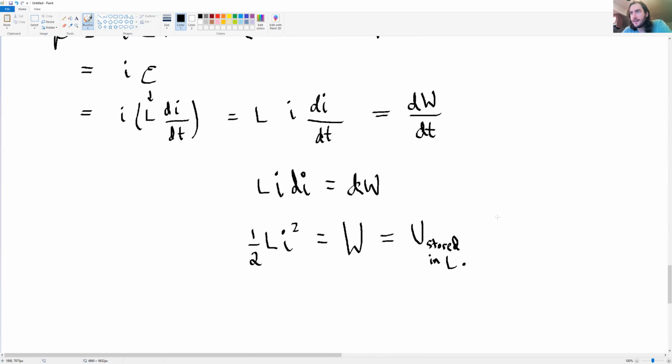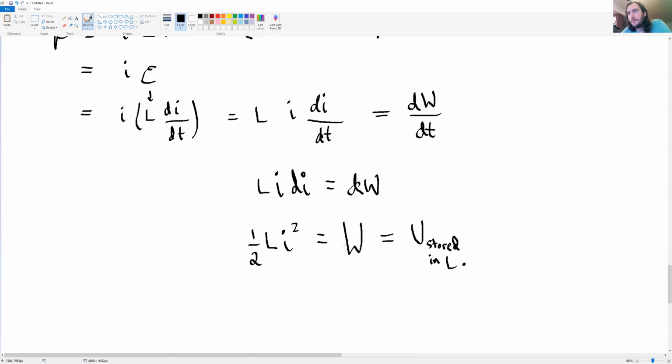Now that's a nice expression because it looks identical to 1/2 C times delta V squared. It's kind of nice and has that simple form that we're used to already seeing. 1/2 Li squared.